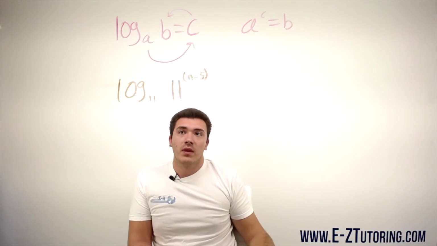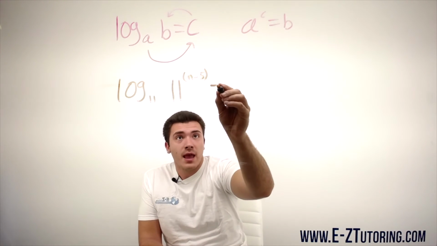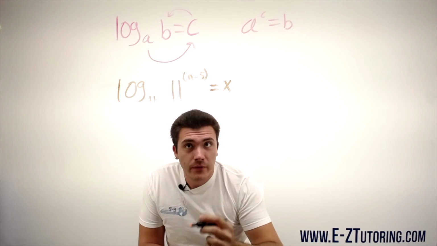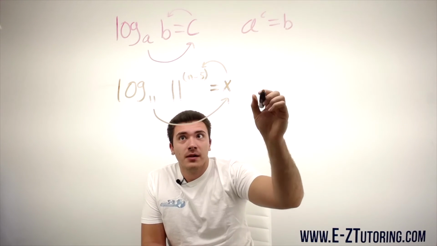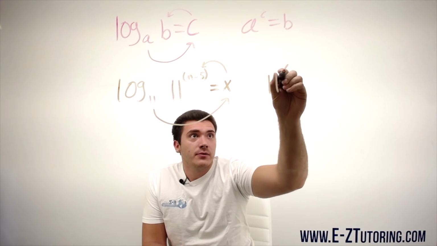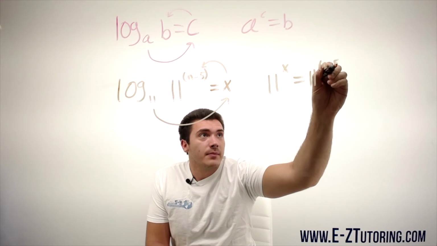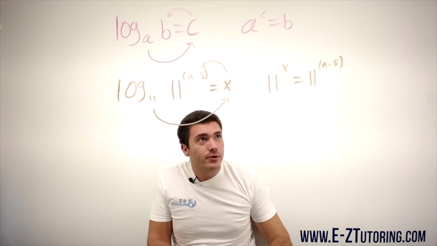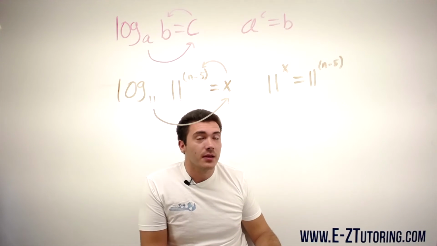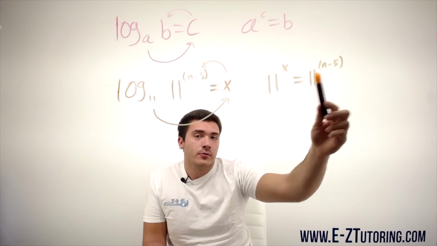So once again, we have to set this equal to something. We'll say x. So we can convert it to exponential form. So we go ahead and do that, and we get 11 to the x equals 11 to the power of n minus 5. So by looking at this equation, we notice something. 11 to a power equals 11 to a power.